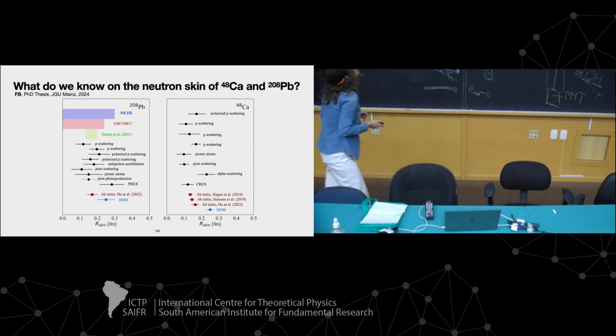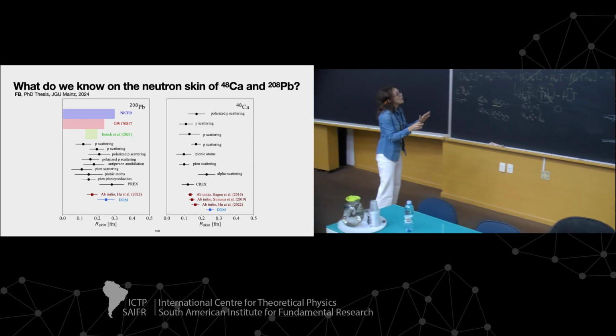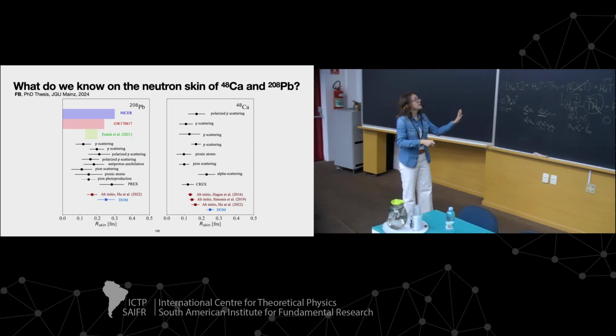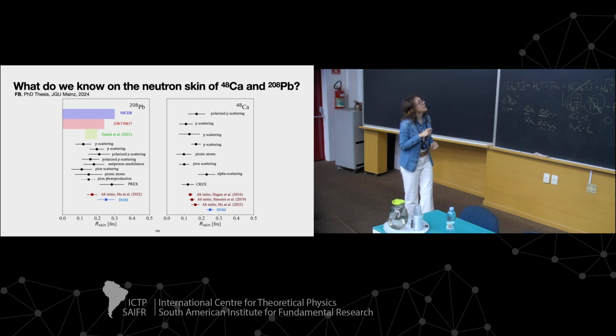So actually, in general, if we make a plot putting, let's say, all the constraints we have at the moment for the neutron skin of lead-208 and the neutron skin of calcium-48, we can actually see here ab-initio predictions are kind of favoring a lower neutron skin with respect to PREX, more in agreement with other experiments, also in agreement with the constraints from NICER and GW170817, so like gravitational waves.